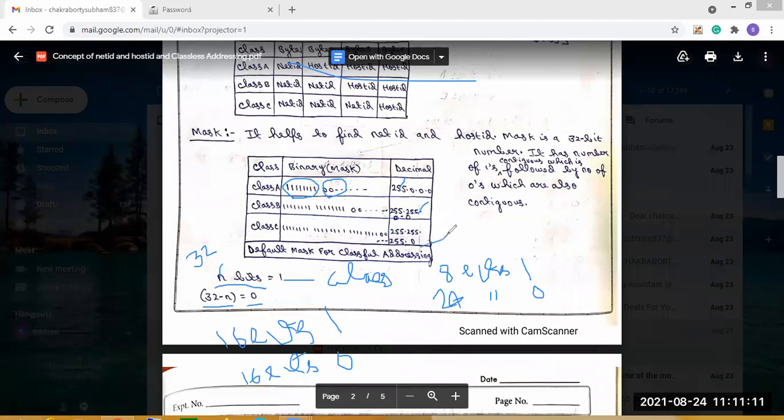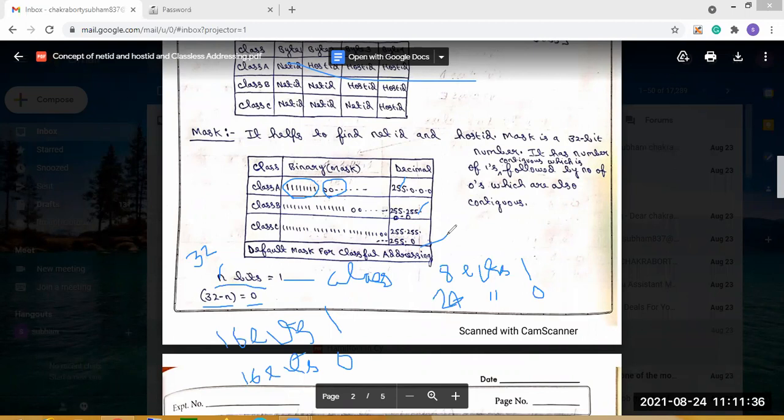That's why I have written 255.255.255.0. This is the thing. In the subnetting mask, I am writing 255.255.255.0.